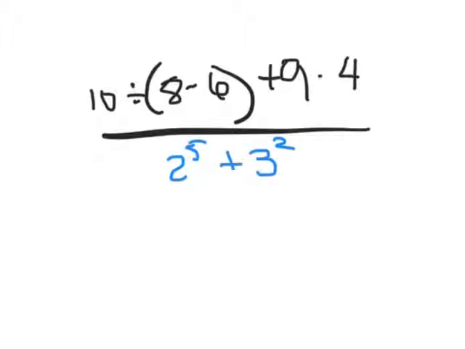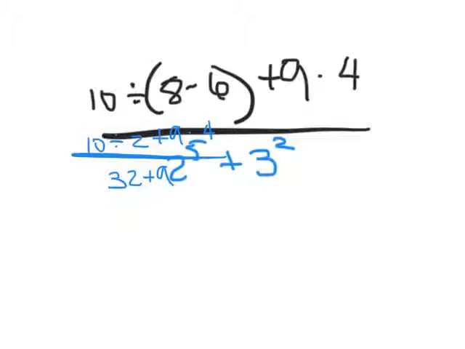So again, following order of operations, example 9, part B, you're just going to follow the rules. You're going to do the parentheses first. So let's do our 10 divided by 2 plus 9 times 4, and then you do your exponents, and when you do your exponents you get 32 plus 9.